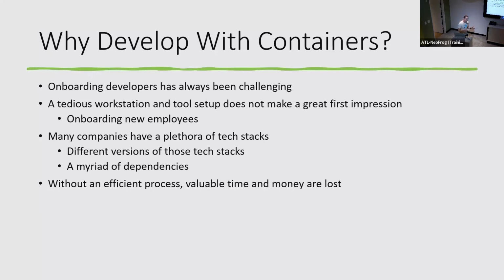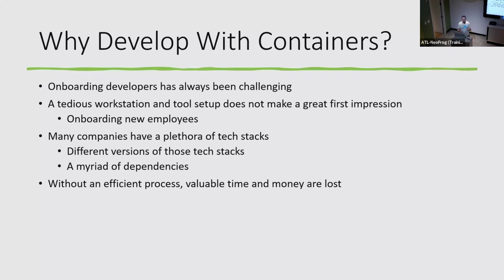In addition, many companies have a plethora of stacks, right? You may work at a relatively small company, but you've got some version of the application that's 8 years old that nobody knows how to use, and the stack is so old that nobody even knows how to build it anymore. I was working on an application this week where the stack is from 2016. That's not that old, but trying to get all those dependencies on my machine with everything else on my machine is really a pain.